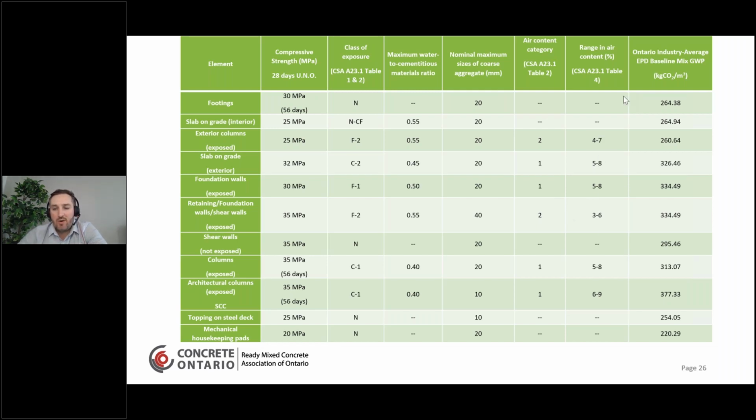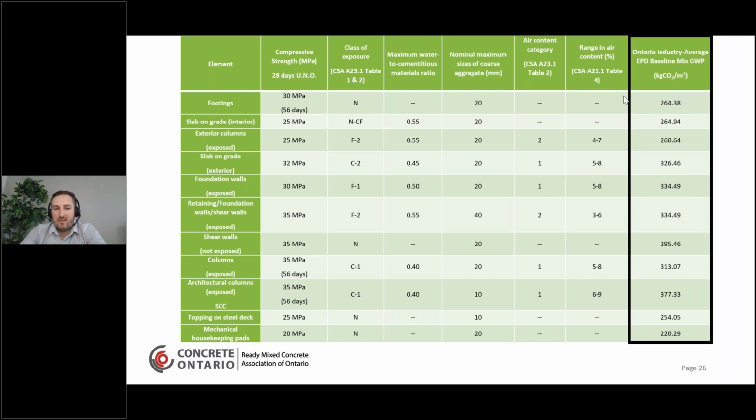And then the new component is really going to be these industry baselines. So as an industry, we put a lot of work into achieving these baselines. And this is what we are promoting to specifiers and owners to target in on and set as a new performance requirement.